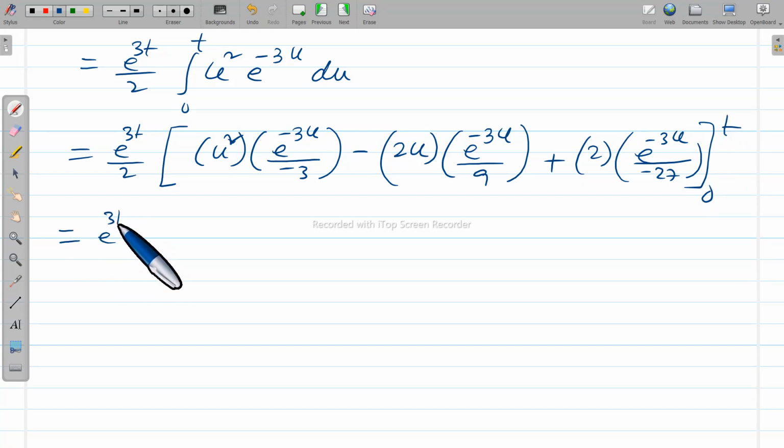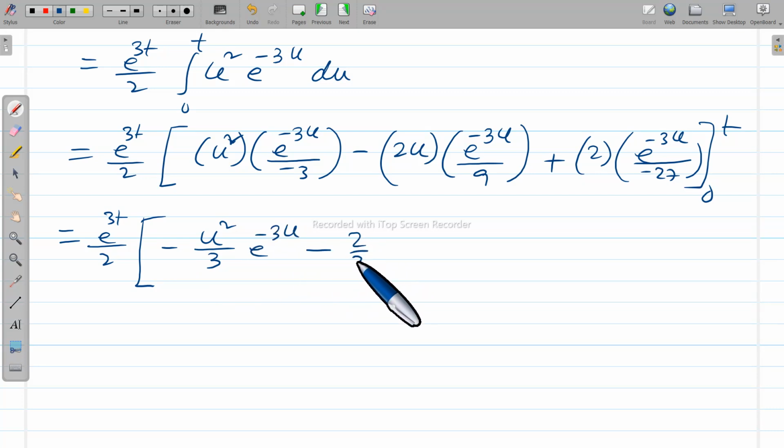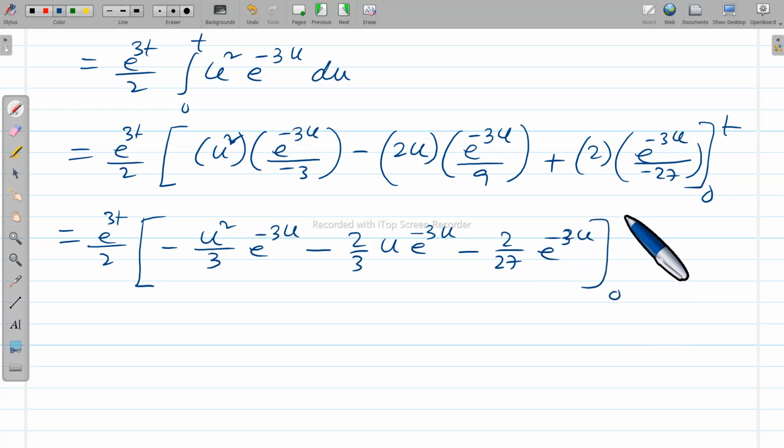So e to the power 3t by 2, now you open your bracket, it is coming minus u square by 3 e to the power minus 3u, minus 2 by 3 u e to the power minus 3u, plus minus 2 by 27 e to the power minus 3u, 0 to t. If I substitute the upper limit and lower limit, it is coming e to the power 3t by 2.